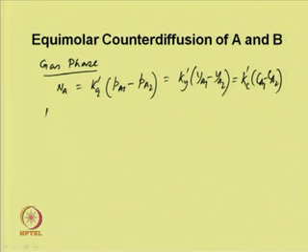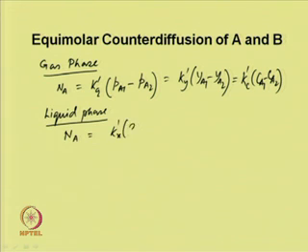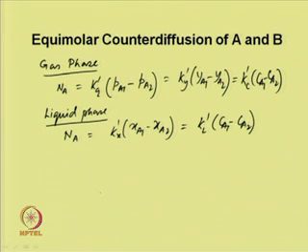The dash distinguishes equimolar counter diffusion from diffusion of A through non-diffusing B. And for the liquid phase, flux is equal to Kx dash (Xa1 minus Xa2), equal to Kl dash (Ca1 minus Ca2). Say this is equation number 3 and this is equation number 4.